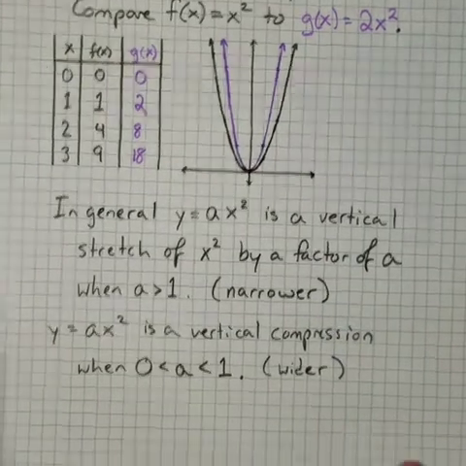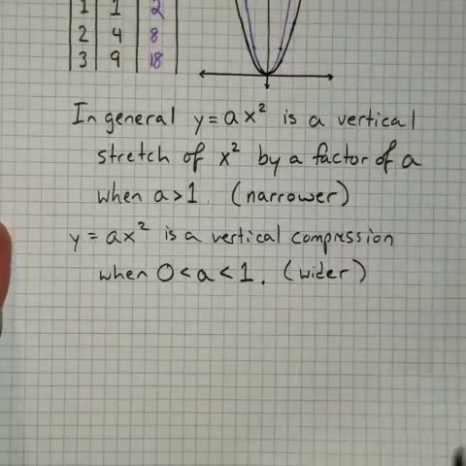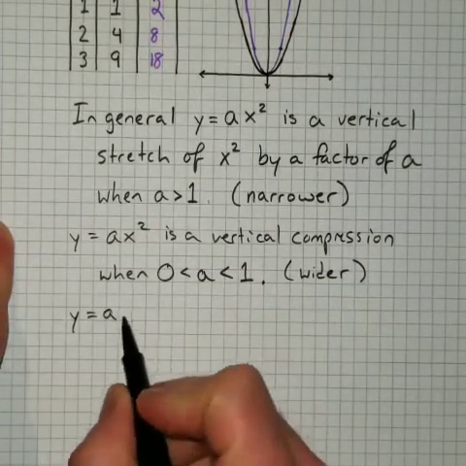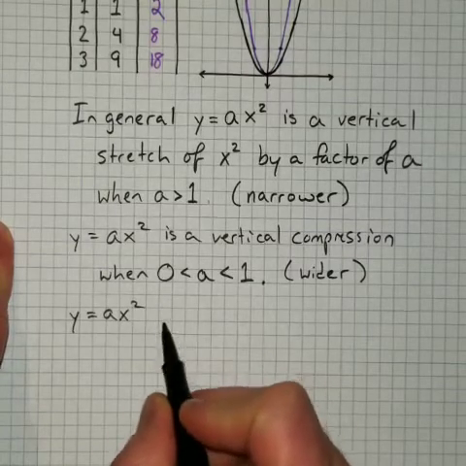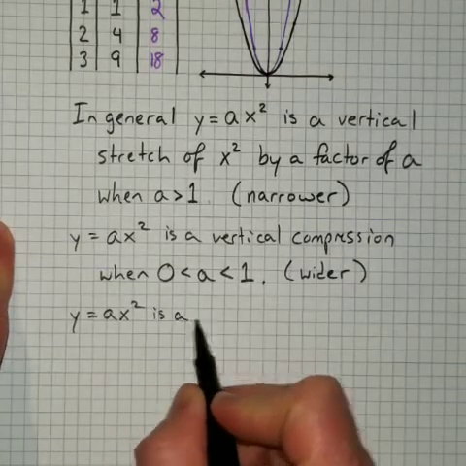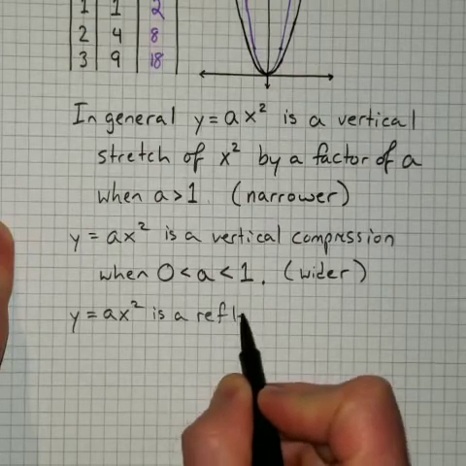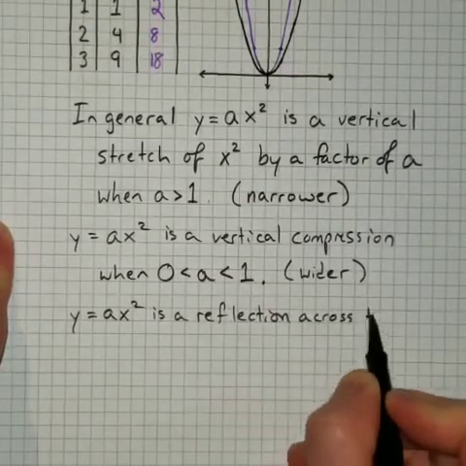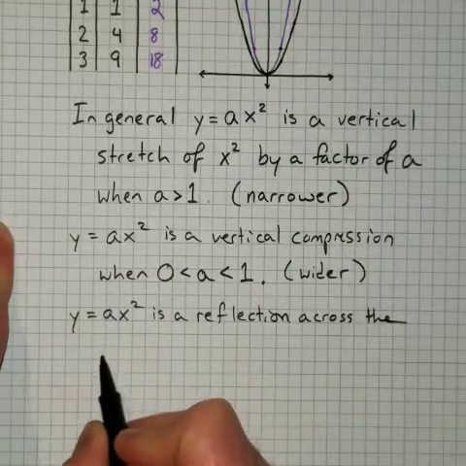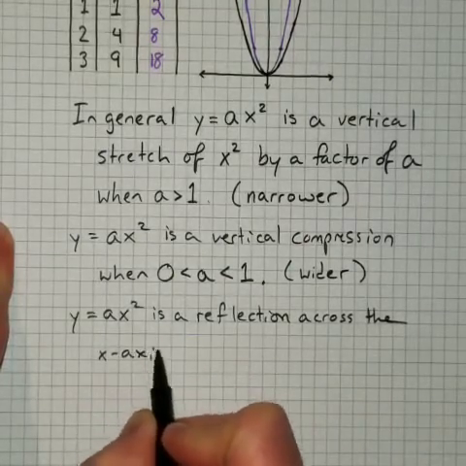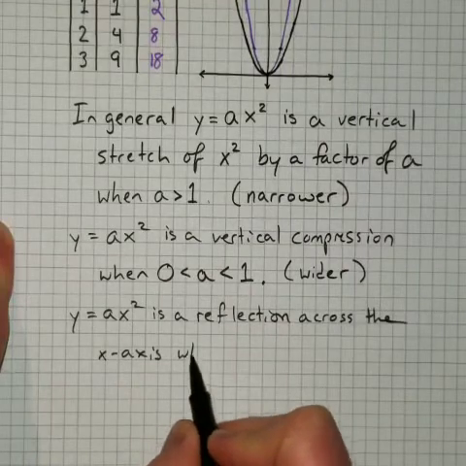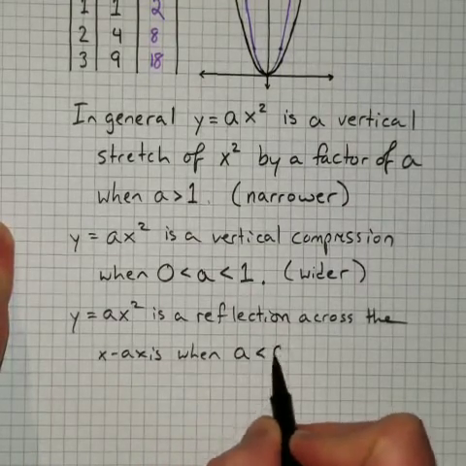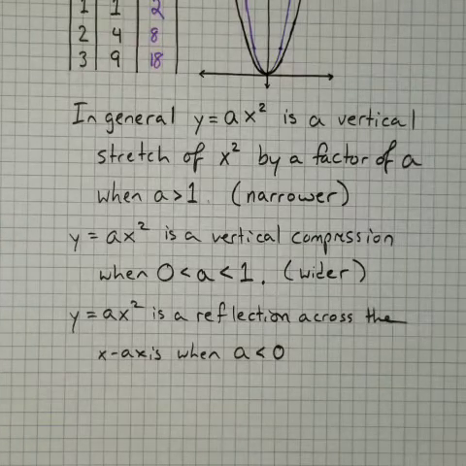So, just very quickly, I'll summarize that for you. We'll say y equals ax squared is a reflection across the x-axis when a is less than 0, okay, or negative.